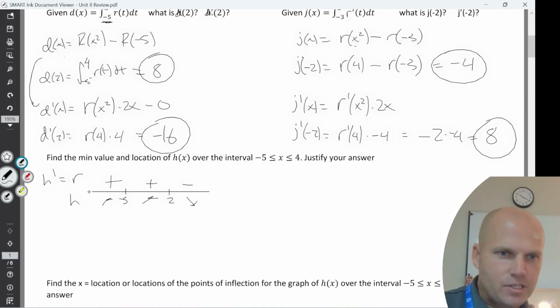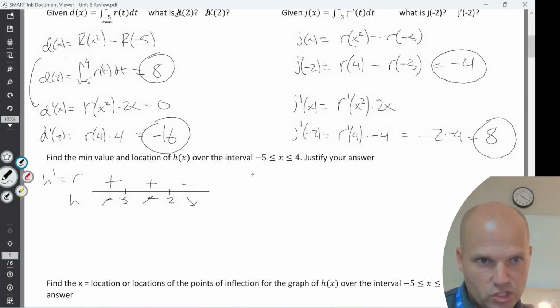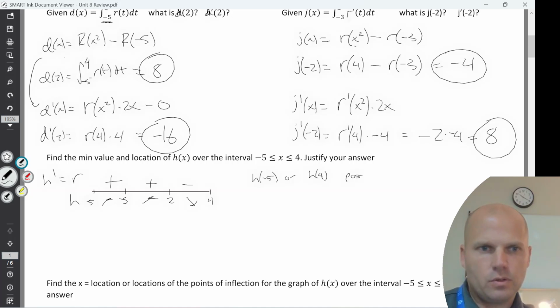Again, I should know if my function's increasing, then decreasing, that h of negative 5 or h of 4 are possible mins because h prime, which equals r, is greater than 0 from negative 5 to negative 3.